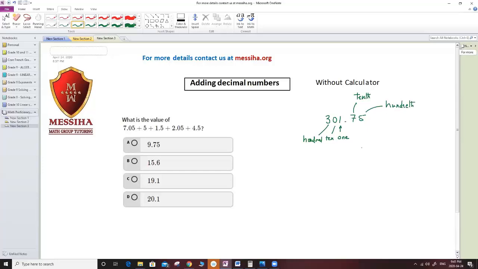So we need to add all these numbers one after the other, and we need to keep the right position for each number.